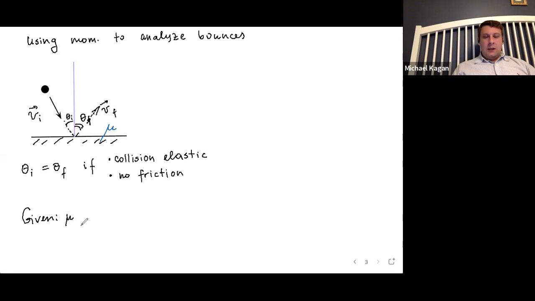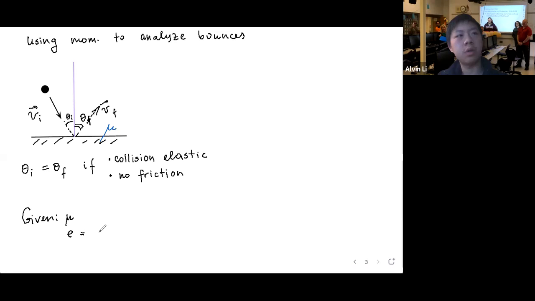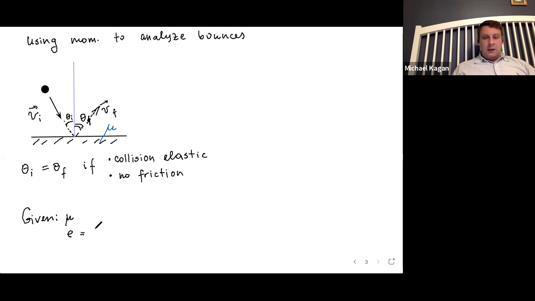And let's assume that the collision is not elastic, but it's usually denoted by lowercase e, sometimes by some other letters. This is basically the restitution constant. Exactly, restitution constant.